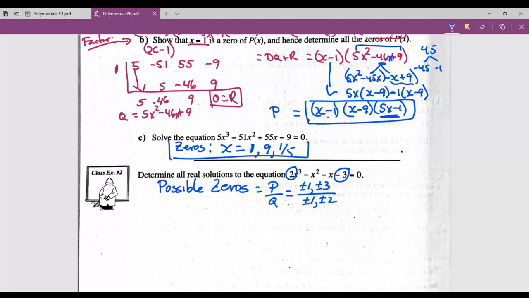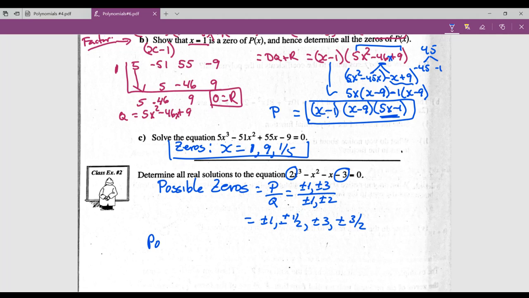So the potential zeros will be 1 over 1, plus minus 1, 1 over 2, plus minus a half, 3 over 1, plus minus 3, 3 over 2, like that. Those are the potential zeros.